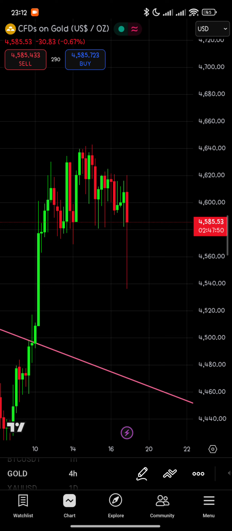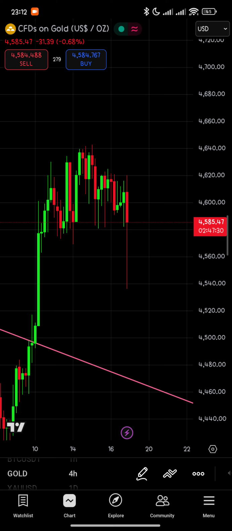Though it couldn't beat the daily or the weekly trend, but as you can see, we need the time frame in between to be able to direct the trend correctly, right?